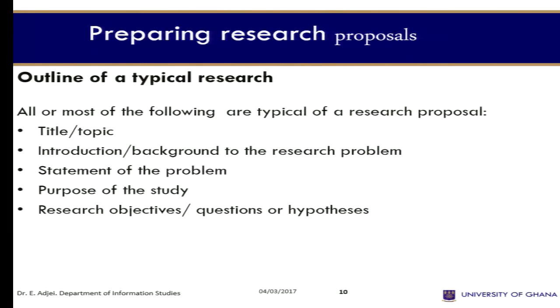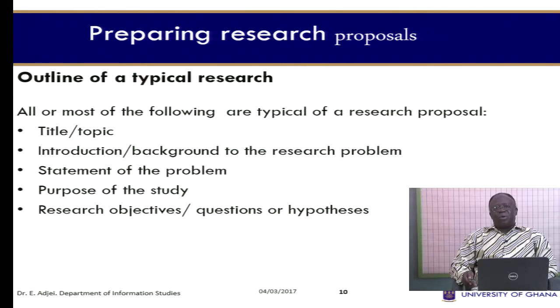Let's look at a few outlines of a research proposal. All or most of the following are typical of a research proposal. First, you have the title or the topic, the introduction, background to the research problem, and then the actual statement of the research problem, the purpose of the study, why you are conducting the study, and then your objectives, your questions, or your hypothesis.